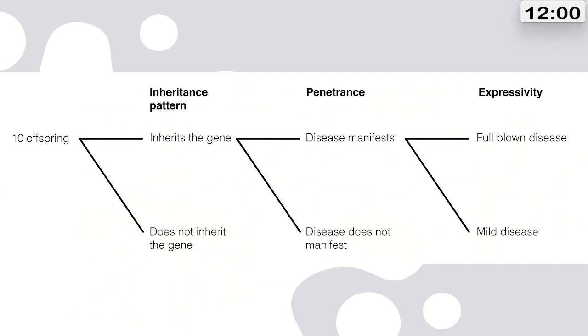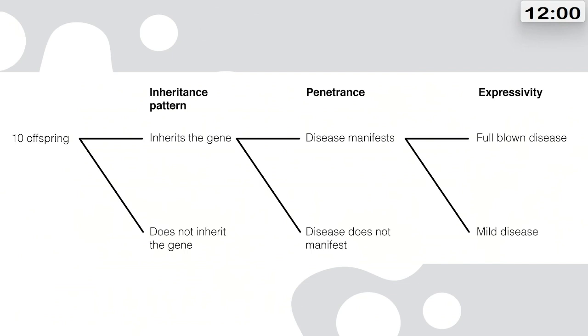If the gene has complete penetrance, that means anyone who has the gene will always develop the disease. If there's incomplete penetrance, this means that there's a chance that they do not develop the disease. Then there's something called expressivity. Expressivity is examining those who develop the disease, they have the gene and they develop the disease, how severe the phenotype is going to be.